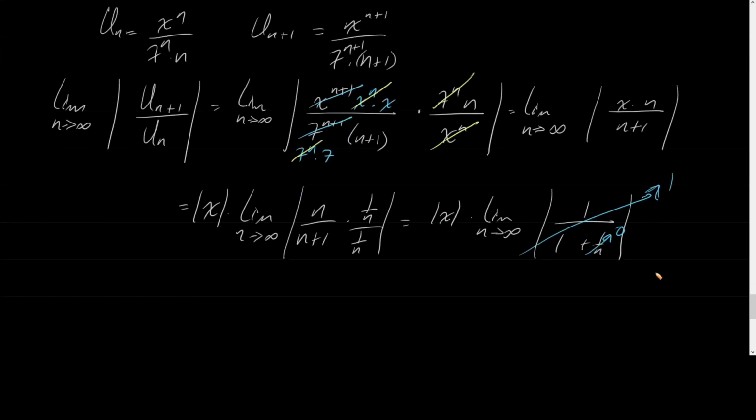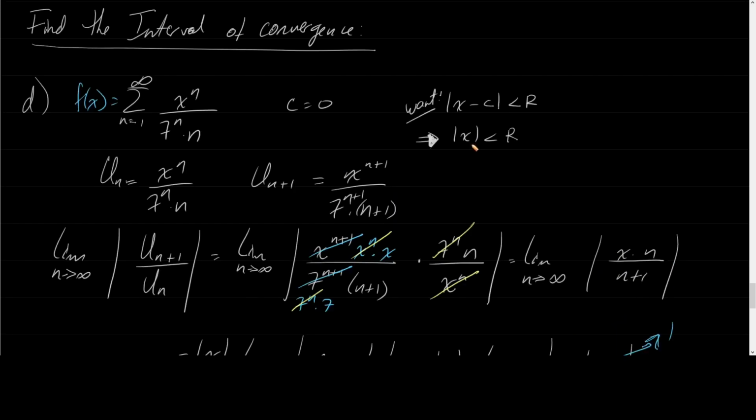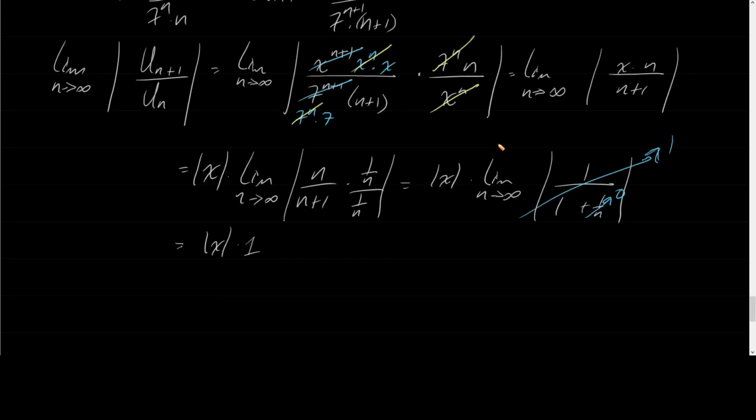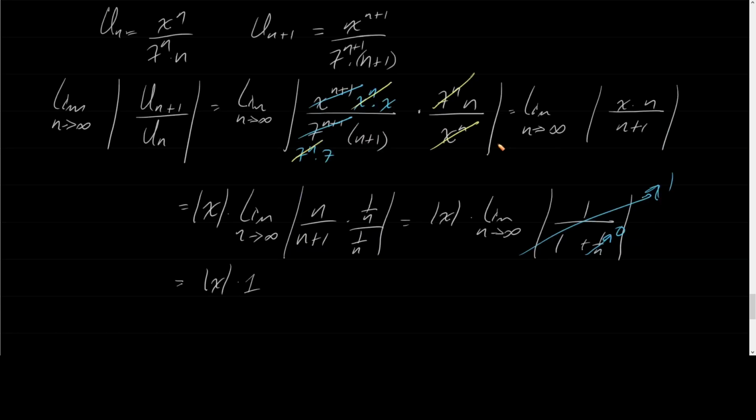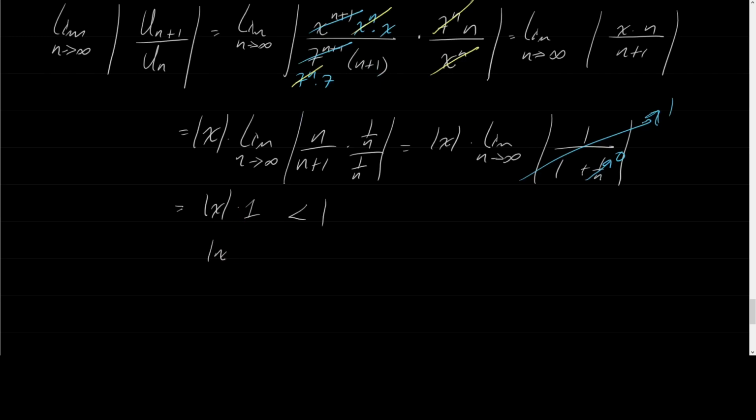So we have the absolute value of x times 1. We wanted the absolute value of x to be less than r. To use the ratio test so that our series converges, we have to have this strictly less than 1. So there's not really anything to do here. This is just the absolute value of x is less than 1.